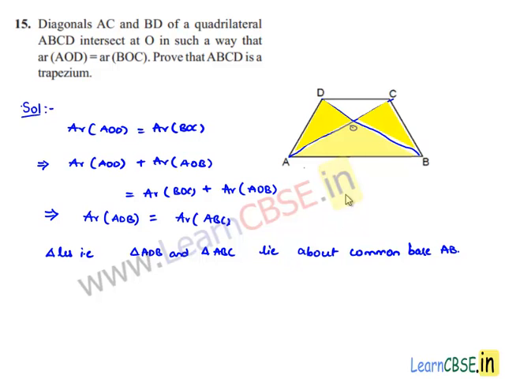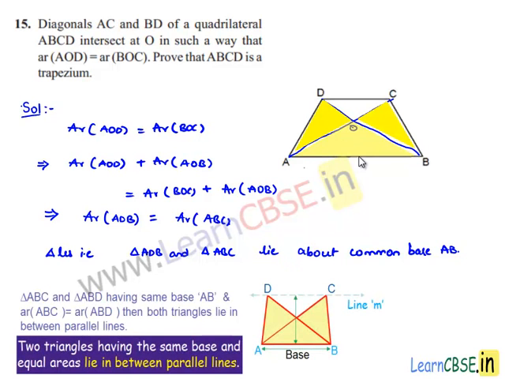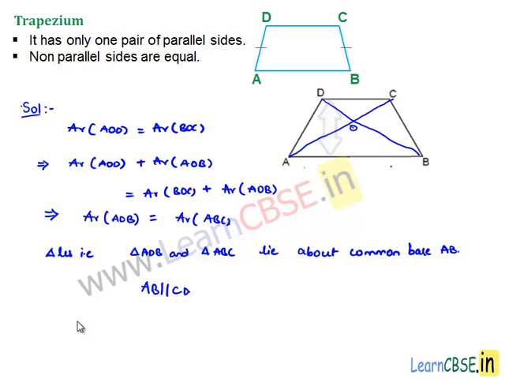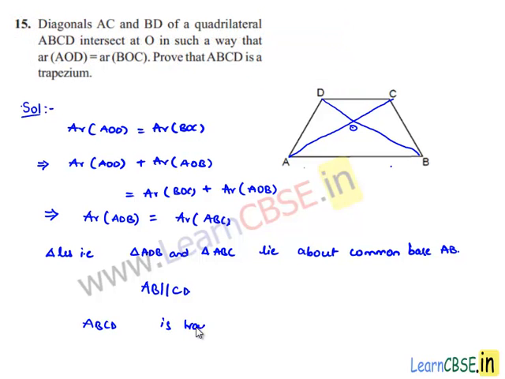Therefore, if we consider the figure, triangle ADB and triangle ABC lie on the common base AB, and between the lines AB and CD. As their areas are equal, we can say that AB will be parallel to CD. Therefore, in a quadrilateral, if one pair of sides is parallel, then it is a trapezium. Therefore, ABCD is a trapezium here.